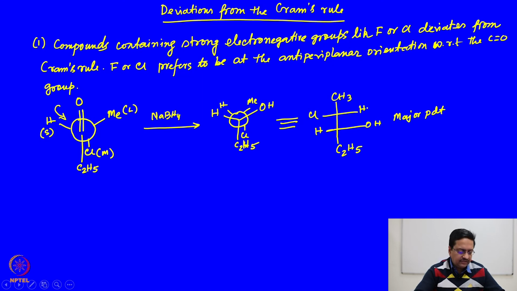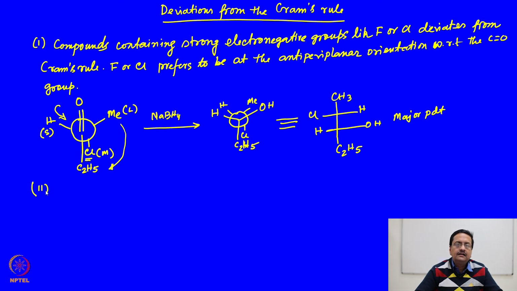If it had followed the orientation of Cram's rule, then this methyl would have come down, chlorine would have gone here, and then the reaction would have taken place from the right hand side. So, you would have got a different compound as a major product, but in this particular case the strongly electronegative chlorine deviates from the original prediction of Cram's rule and gives a different product.